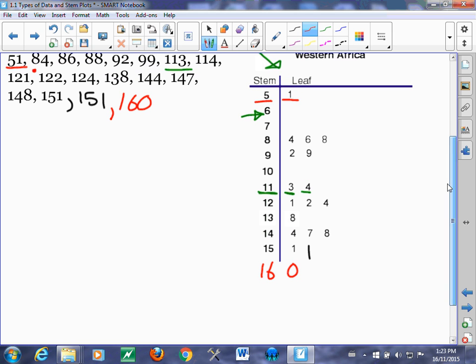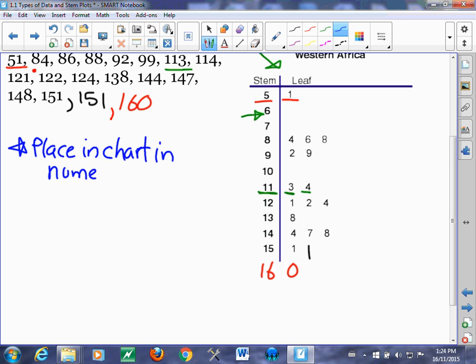All right, so let's just do a quick summary here. You're going to place the data in the chart in numerical order, because sometimes it's not given in numerical order, so you've got to put it in numerical order.